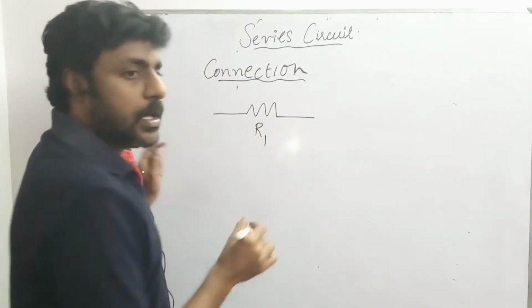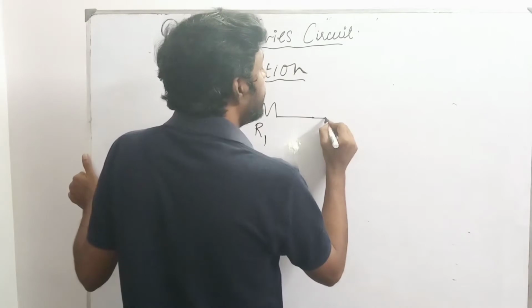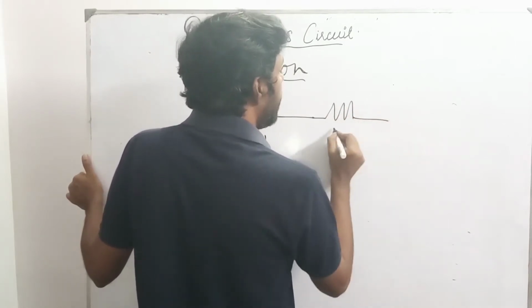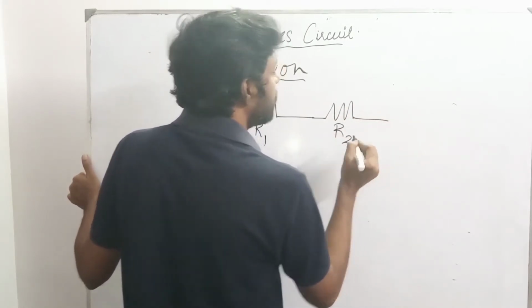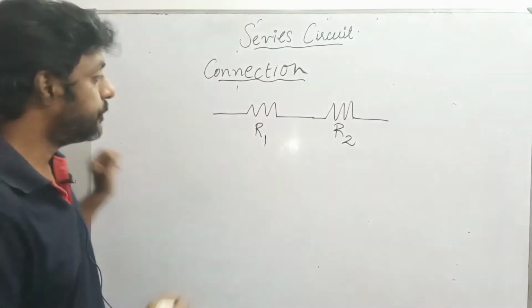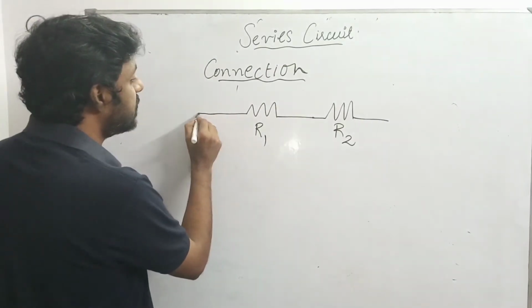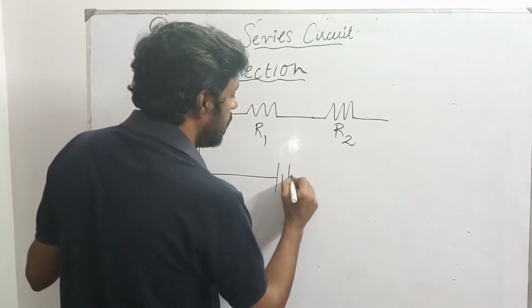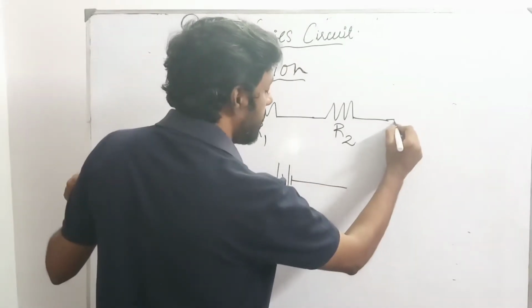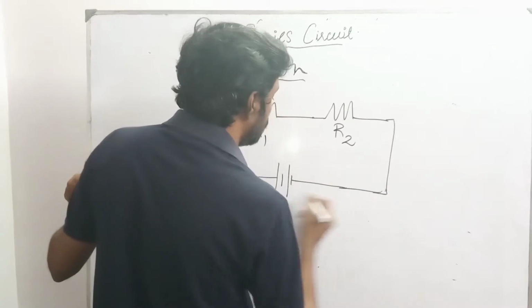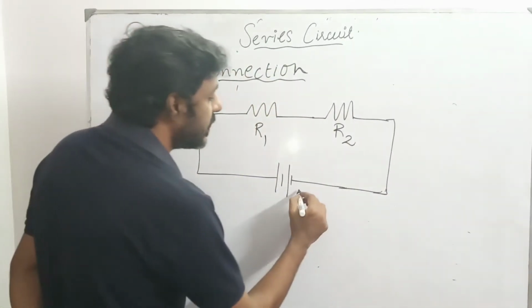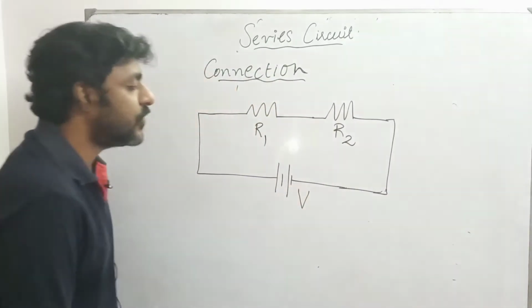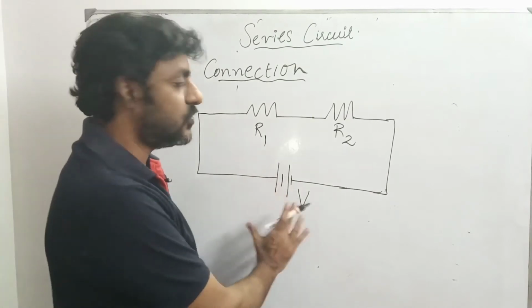Next I connect another resistance with a value of R2 ohms. Now this wire is joined with a battery, and this is how it looks. Let us assume the value of the battery is V.